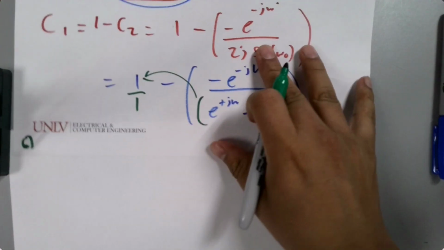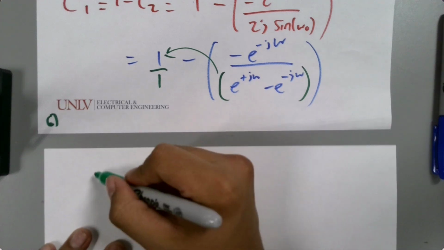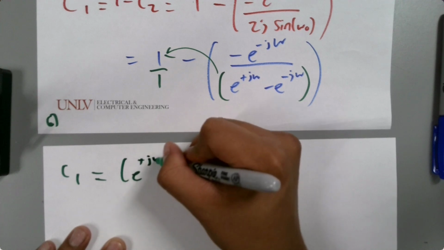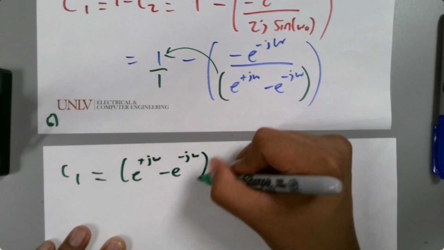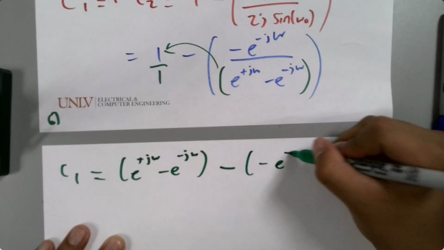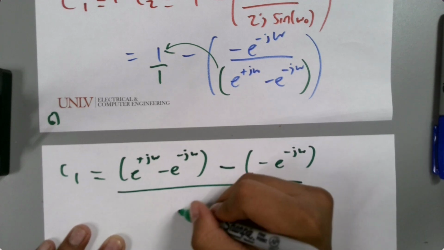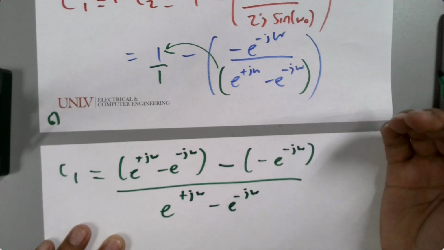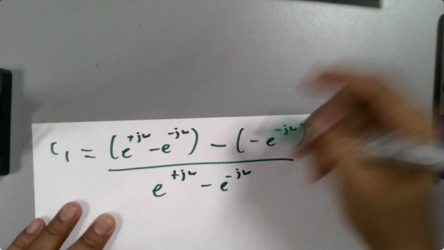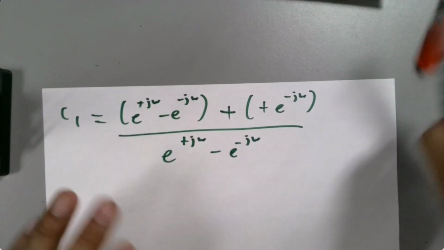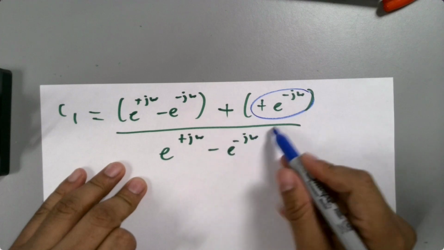After doing this little multiplication, we're going to get the following. C1 is equal to e to the positive j omega minus e to the minus j omega, and this is minus e to the minus j omega, all divided by e to the positive j omega minus e to the minus j omega. Then we see this as a plus, and this cancels out with this.